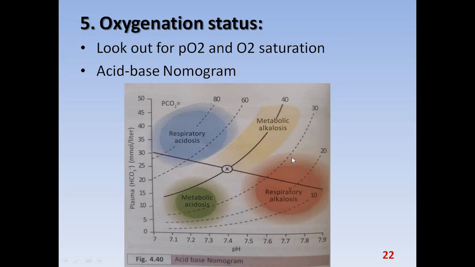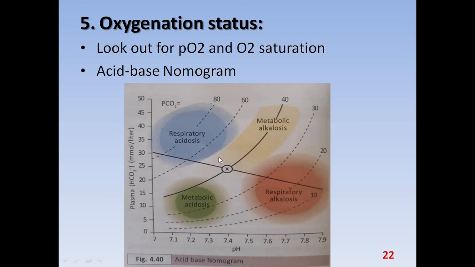carbon dioxide. They are also on the lower side, as you can see, around 10, 20, 30, like that. That is for respiratory alkalosis, and around 40 for metabolic alkalosis.